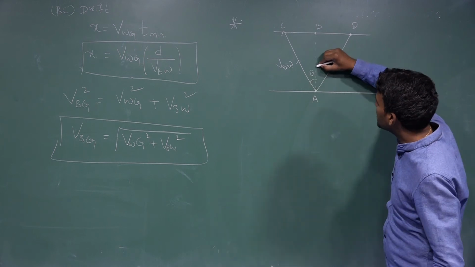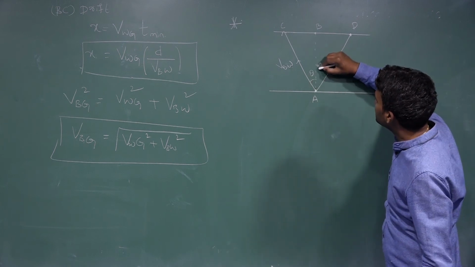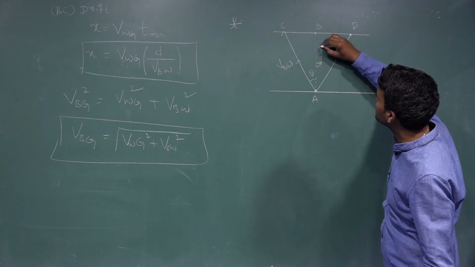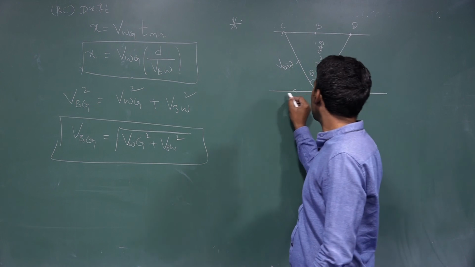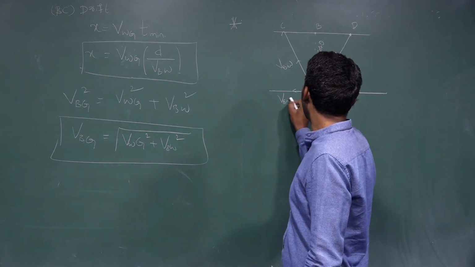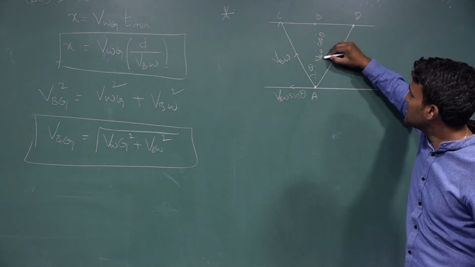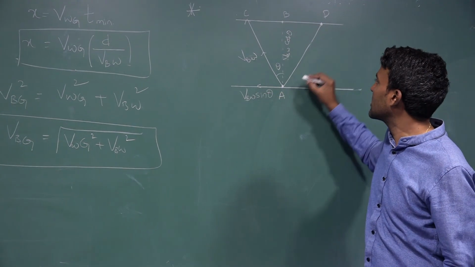Now it can be resolved into two components. One is velocity of the boat with respect to water cos theta, the horizontal component, and the other is velocity of the boat with respect to water sin theta, the vertical component.